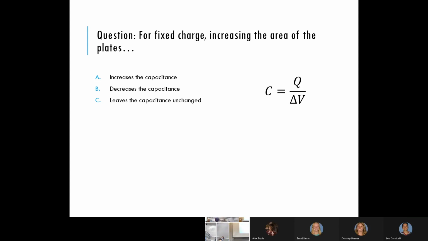Delta V has gone down. What happened to the capacitance? It increases. Right? I'm dividing a number by a smaller number, so the capacitance increases. A way to think about that is if I've increased the area of the plate, it has the ability to store more charge.